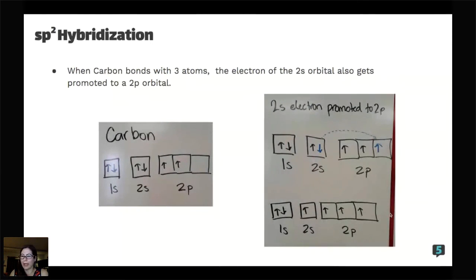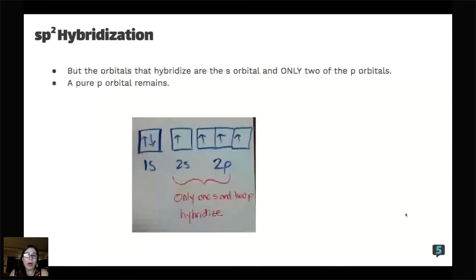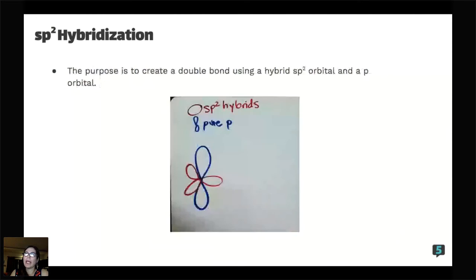But now in the hybridization, the blender, only 1 s orbital and only 2 p's go in. 1 p orbital stays outside of the blender. It doesn't hybridize. So we end up with 3 sp2 hybrids.